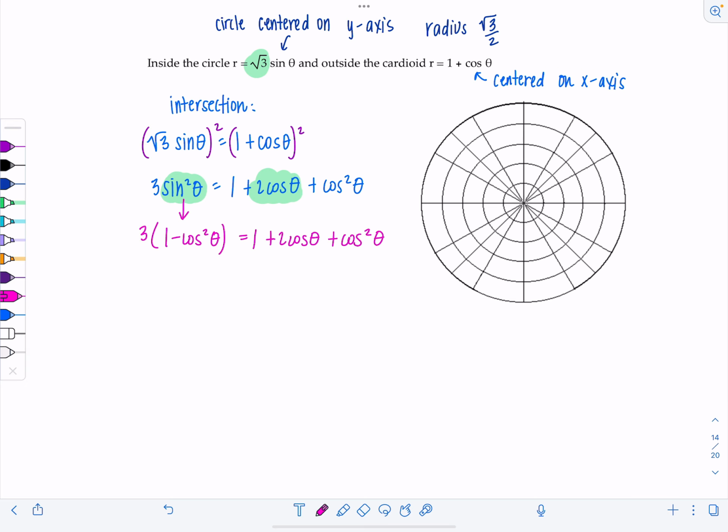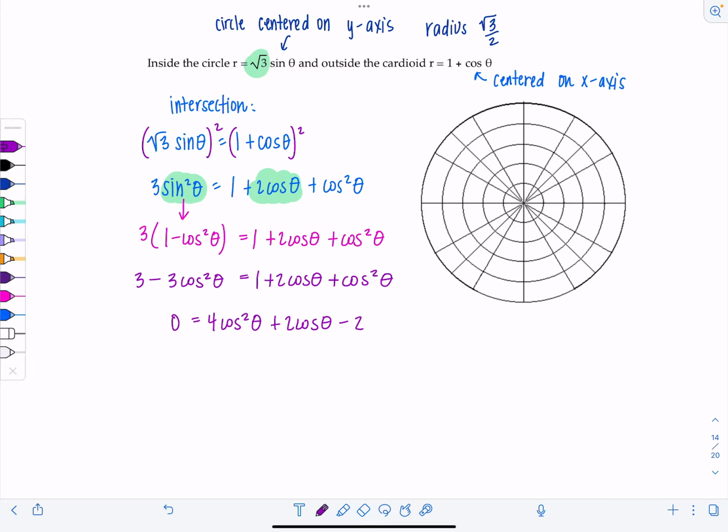Okay. Now I know I have a quadratic equation, right? So 3 minus 3 cosine squared theta equals 1 plus 2 cosine theta plus cos squared theta. Let's just move everything to the right so it's all positive. Let's keep a positive disposition going. So we have 4 cosine squared theta plus 2 cosine theta minus 2.